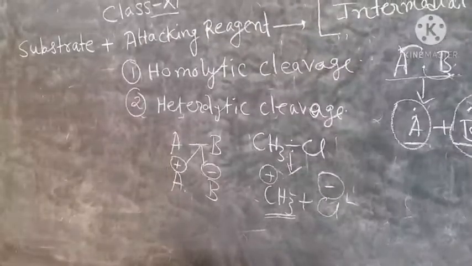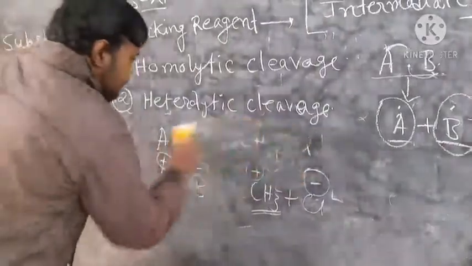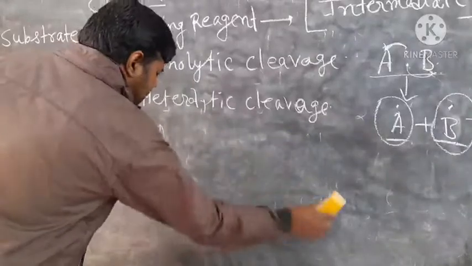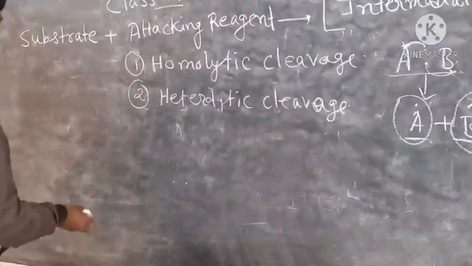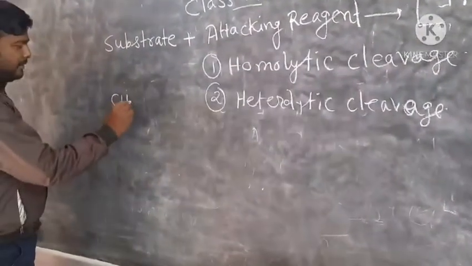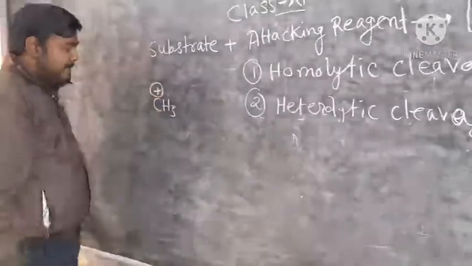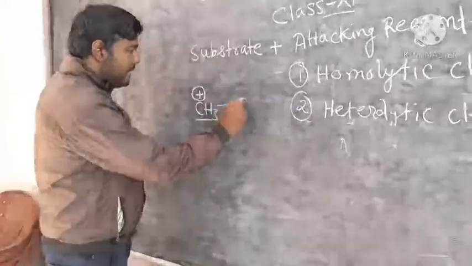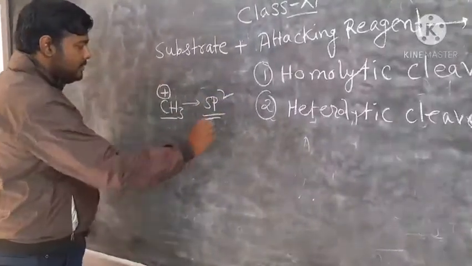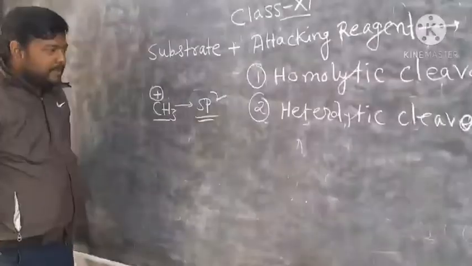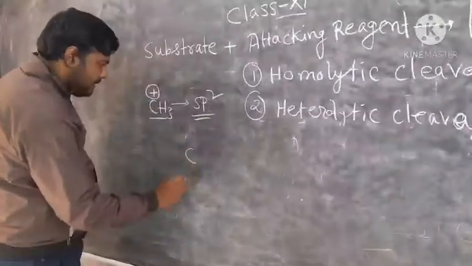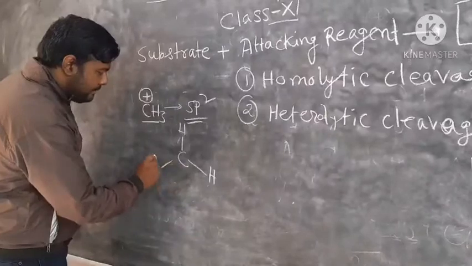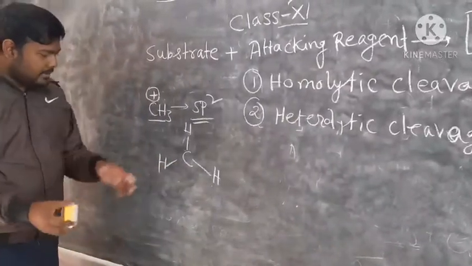Now here I shall discuss the shape of the carbocation as well as the stability of the different carbocations. In CH3+, this carbon has sp2 hybridization. As the hybridization is sp2, the structure of this carbocation will be trigonal planar.